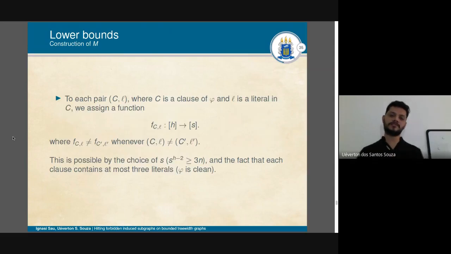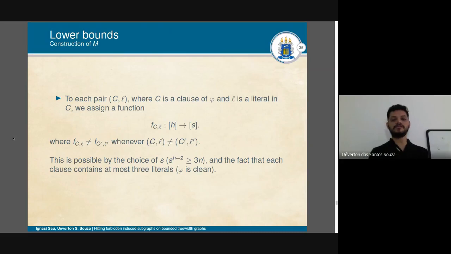So to do that, for each pair, clause and literal, we create a function that maps integers in the interval of 1 to h minus 2 to integers in the interval of 1 to s. And we do that, we create functions in such a way that for any pair clause-literal, we map a distinctive function.